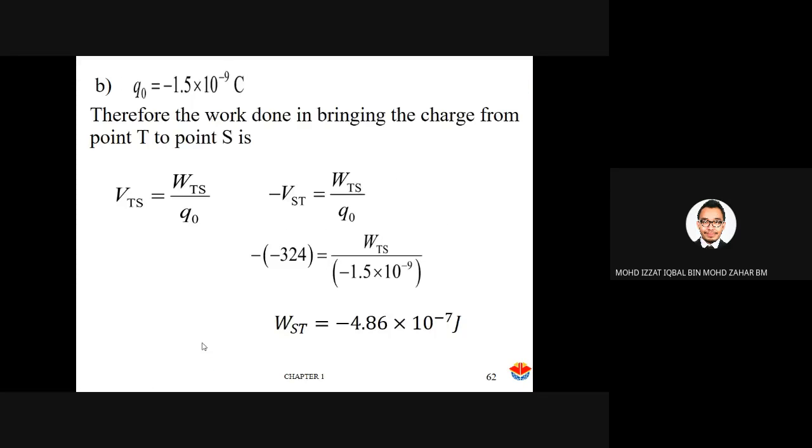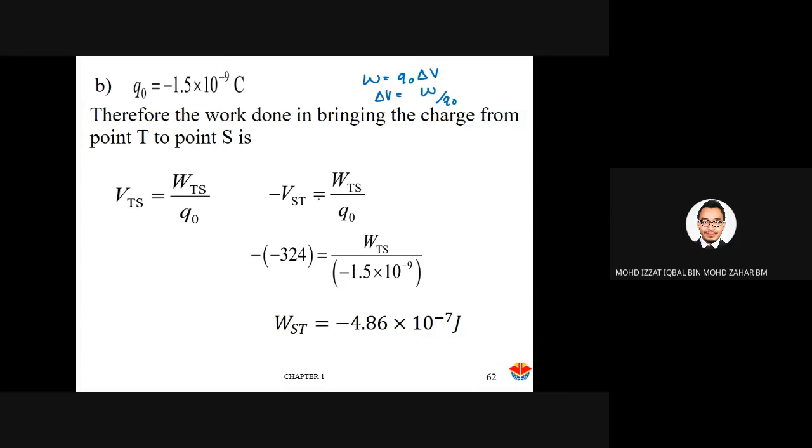Then the next part, they want to calculate again, company lecturer suka pakai V equals to something. Okay, this one is actually work equals to Q naught delta V. Sama je, cuma dia rearrange, dia jadi delta V equals to work over Q naught.